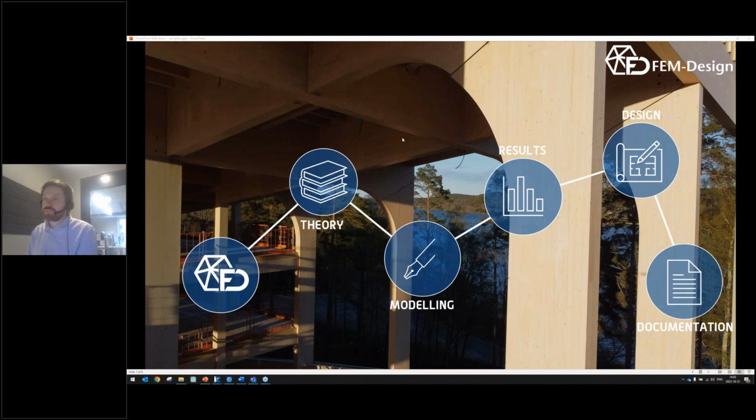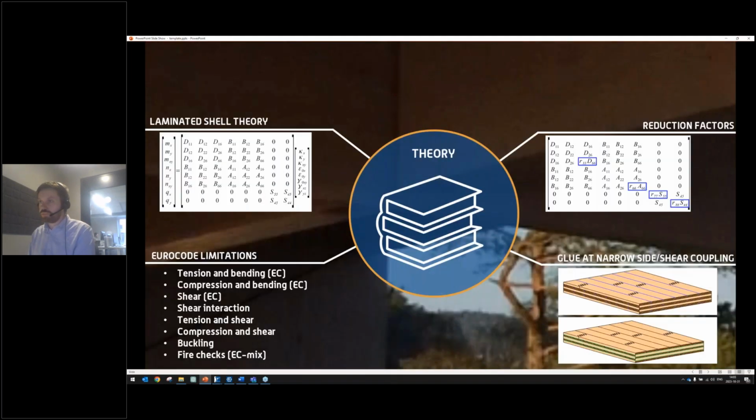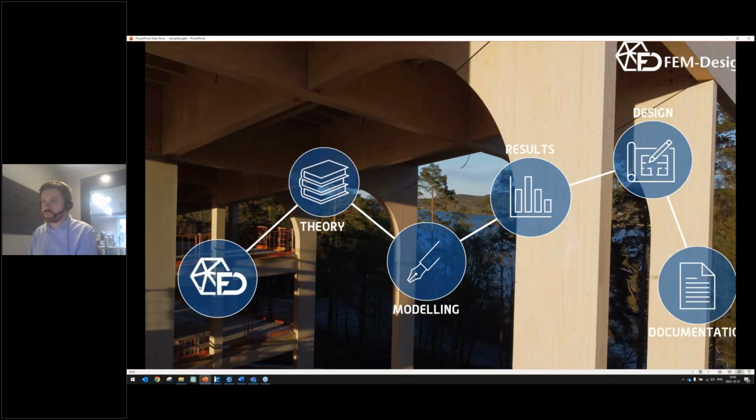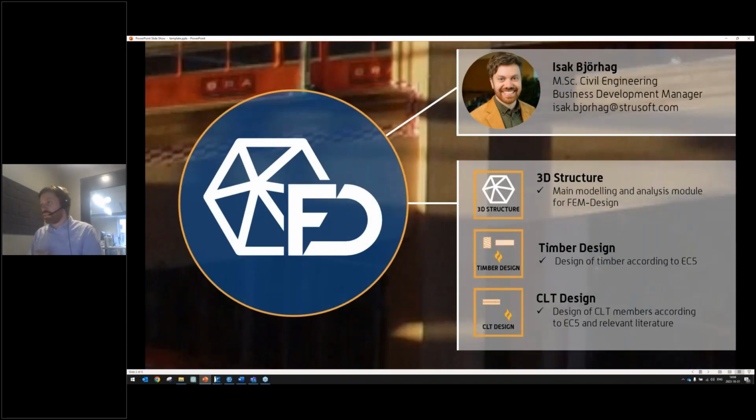So let's begin with a brief introduction of the different modules that we're going to use today. We are using 3D structure, which is the main modeling and analysis module for FEM-Design, as well as timber design, which is design of timber according to Eurocode. That is for bars like columns and beams and so on.